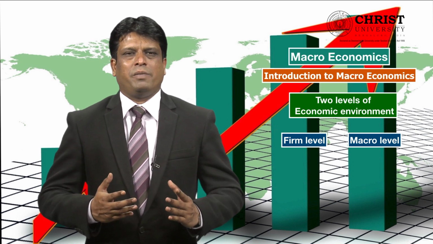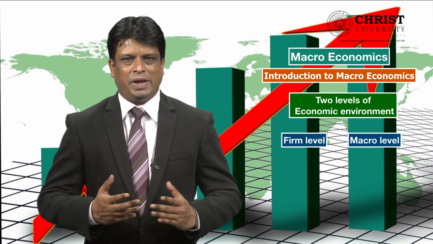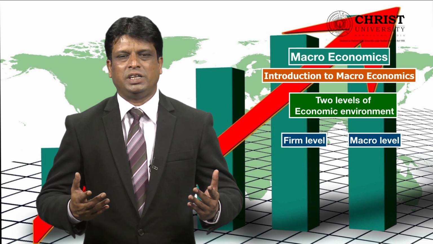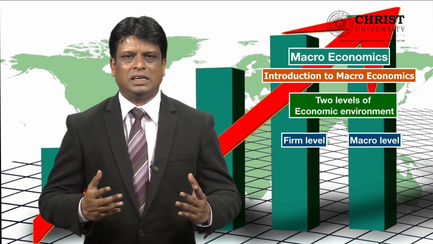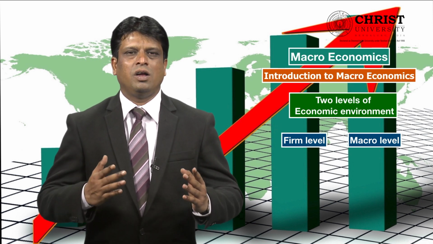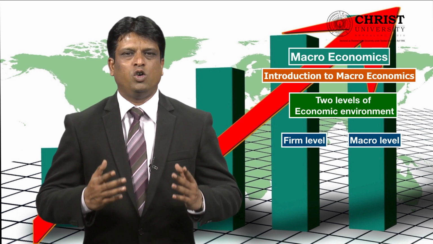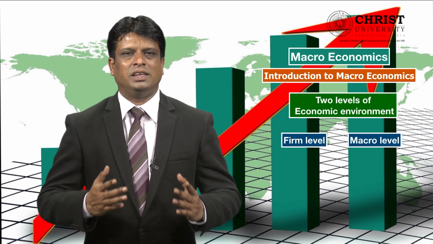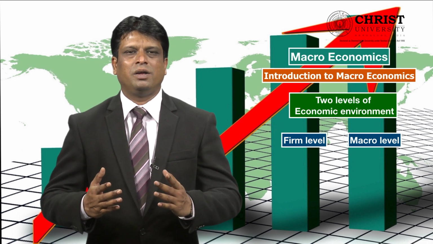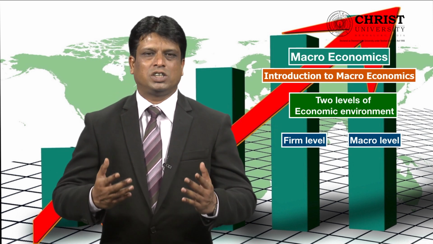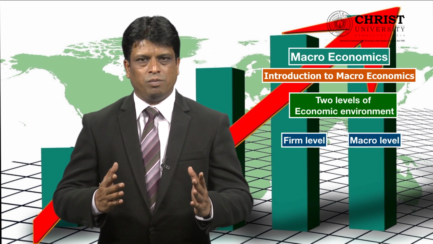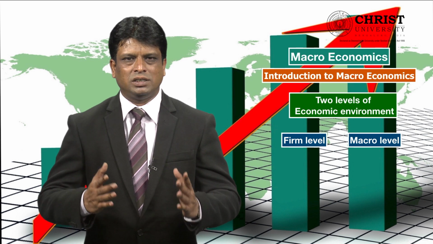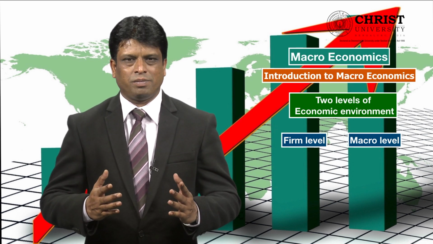The economic environment at the firm level can be easily managed because things will always be under the control of managers, whereas no company or manager would be able to influence the macroeconomic environment because it is beyond his control and it is the domain and prerogative of government agencies and the government.